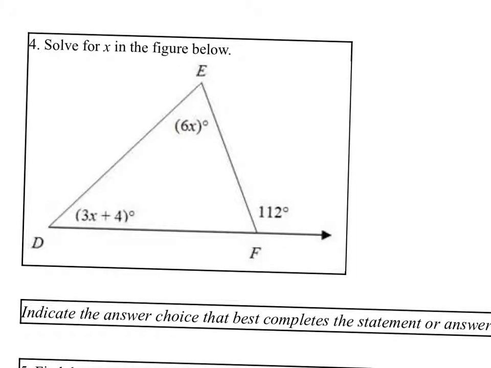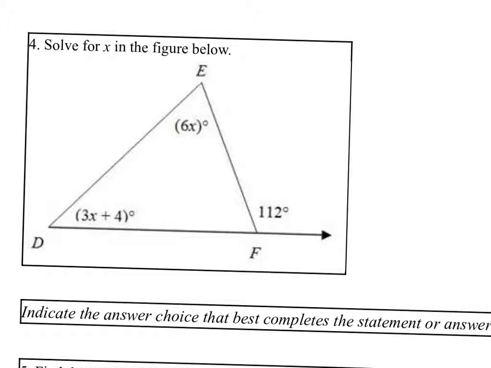Oh, I have another one, number 5. So how did you find the measurement of x? You do 6x plus 3x plus 4.